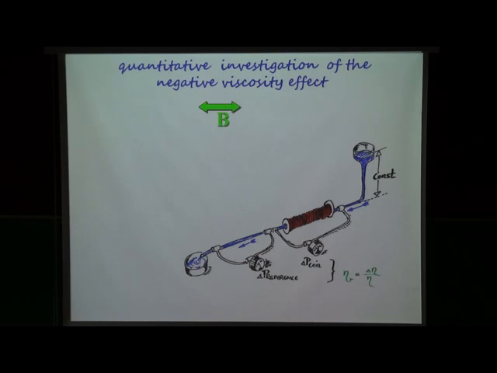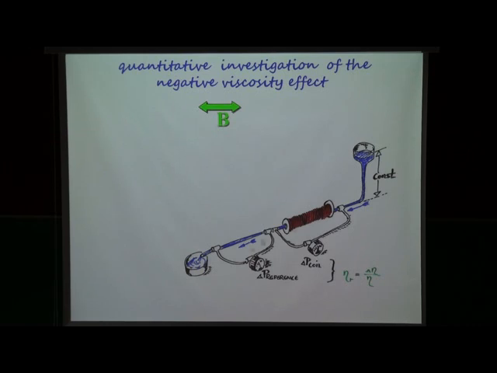So you have here some kind of pipe with a reservoir, and then you have this ferrofluid, it's now blue, and it's flowing through a solenoid and then to a second capillary and into a second reservoir. And then one has to pump it back. This is not in the plot here.